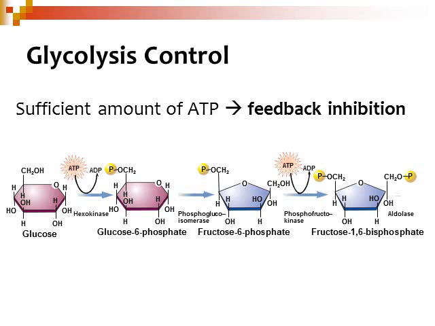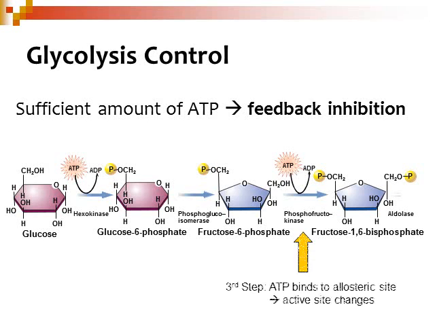So if we have a lot of ATP, we have a lot of the end product building up. That end product will go back to the very beginning of the pathway, or close to the beginning of the pathway, and it will turn one of those enzymes off. So specifically in the 3rd step, we have our ATP.